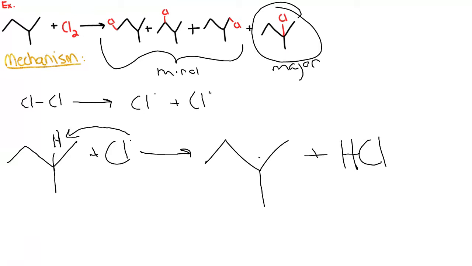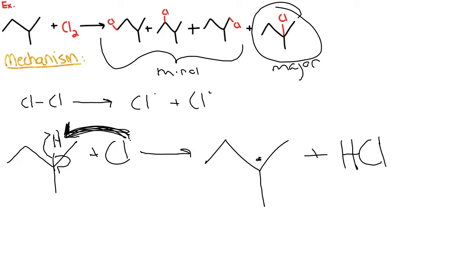From this bond, 1 electron is going to go to this hydrogen to make that hydrogen-chlorine bond, and then 1 of these electrons is going to go back to your carbon to make this radical. That should be a half arrow. And we're going to form HCl.